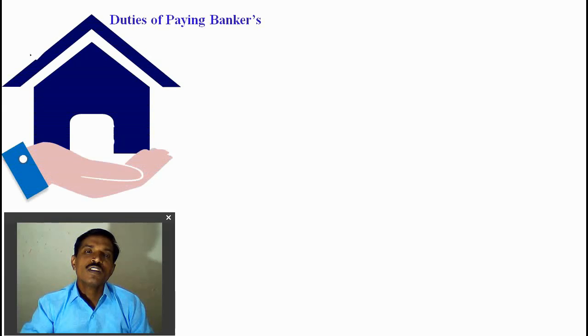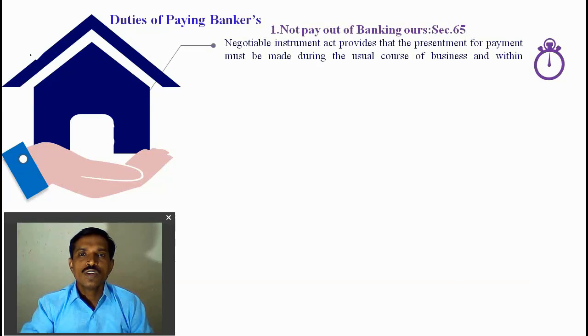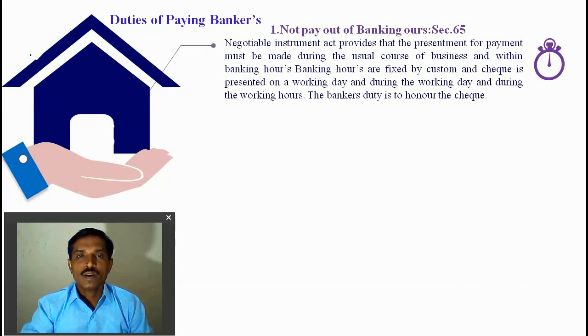Next we look at some of the duties, which are the important obligations on the paying banker to play their role. First is not to pay out of banking hours. The Negotiable Instruments Act provides that presentment for payment must be made during the usual course of business, within banking working hours. So the bank is mandated to pay the customer's payment within working hours.